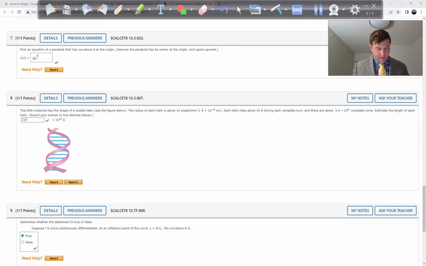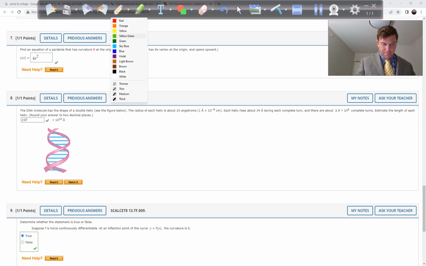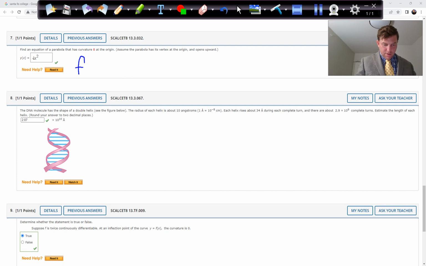Okay, in 7 it says find an equation of a parabola that has a curvature 8 at the origin. So for 7 we have a parabola. I don't know what the function is, but it should be some ax squared, because that's what a parabola is, where a is bigger than 0 because it opens up.